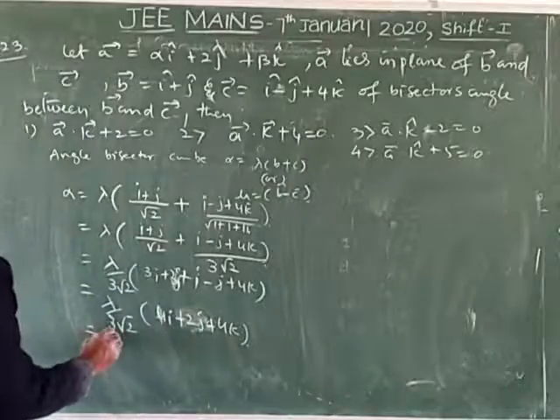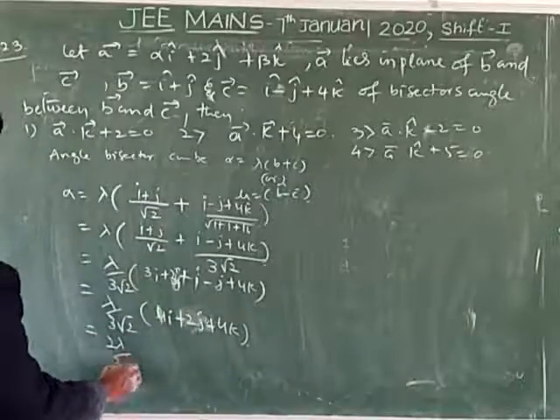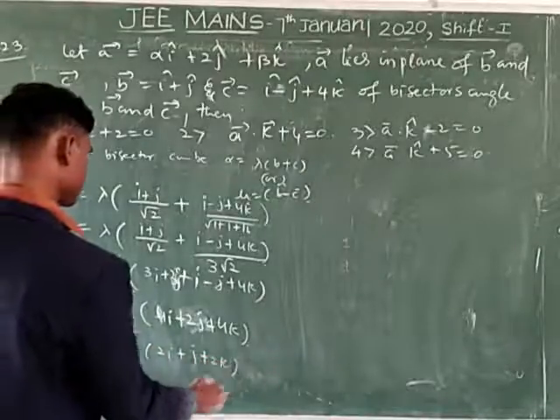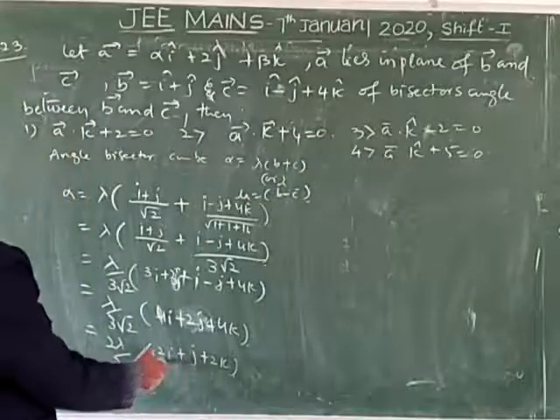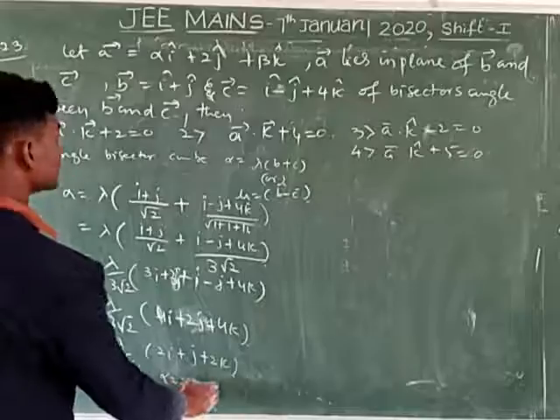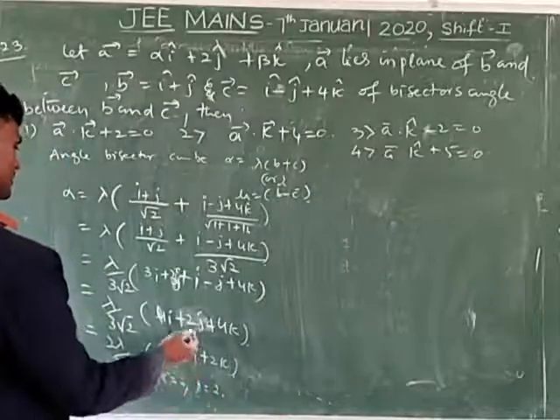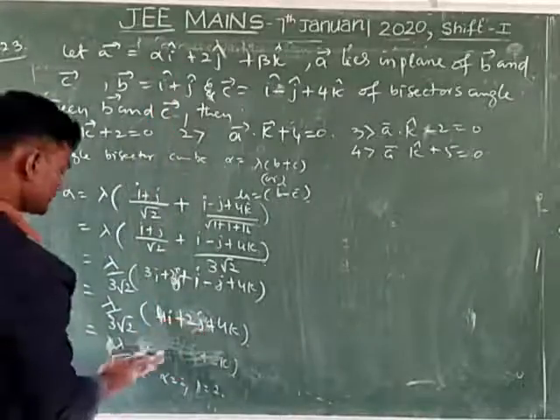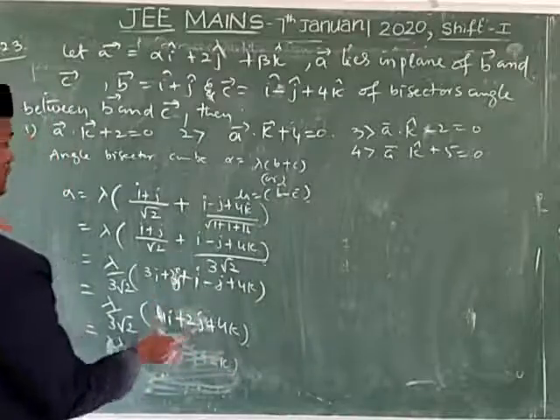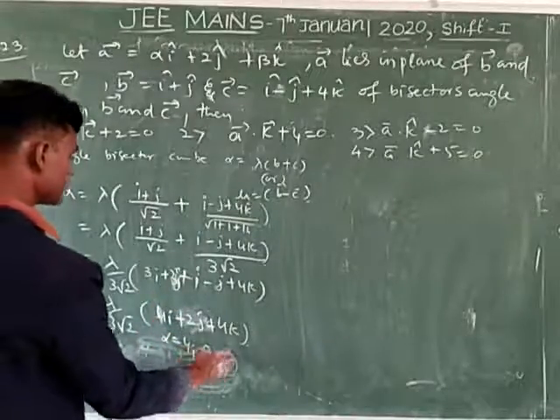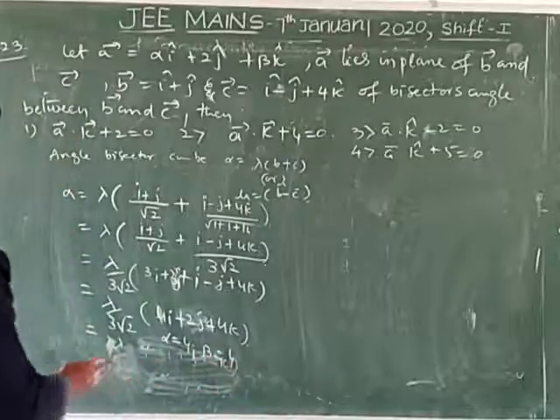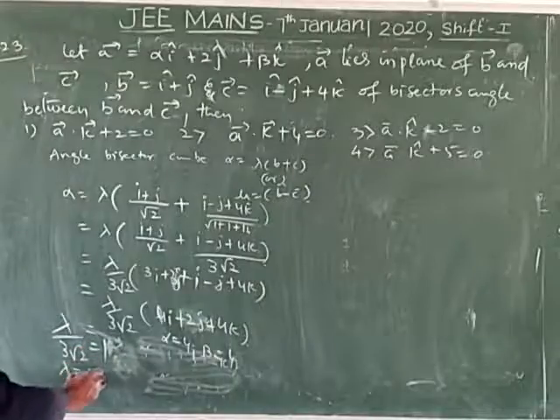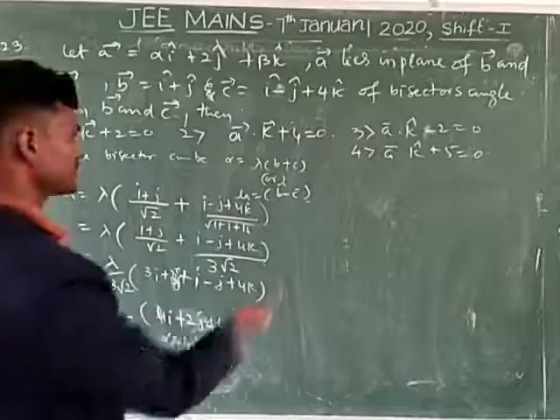Then you have to take 2 common, means 2 lambda by 3 root 2 into (2i plus j plus 2k). Now here alpha is equal to 4 and beta is equal to 4, but the j coefficient must be 2. Actual comparison of this equation: when lambda by 3 root 2 is equal to 1, then lambda is equal to 3 root 2. This is not there.